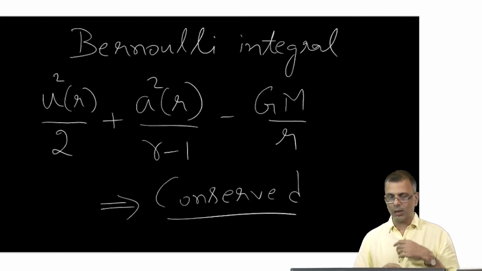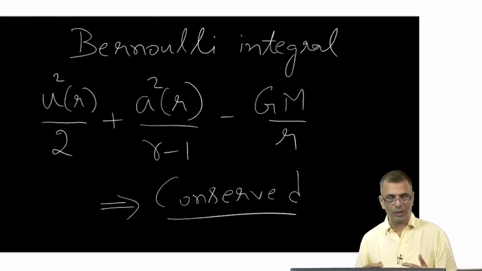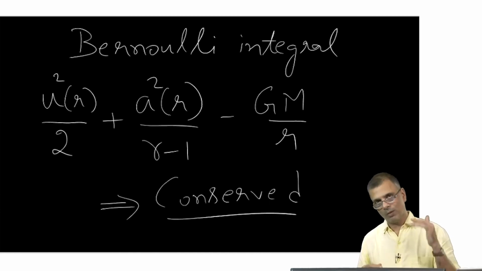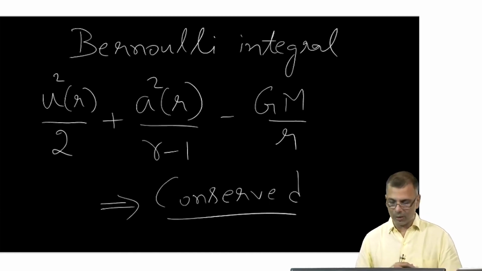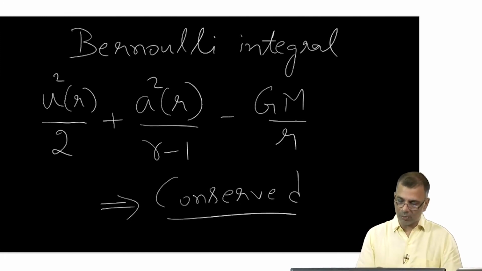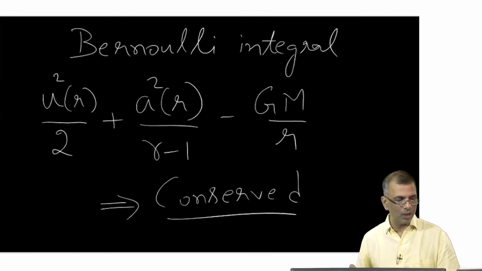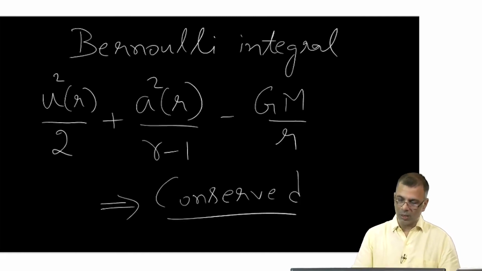Okay. So we will not repeat the discussion. We will assume that you're already familiar with the discussion that has taken place, but we will recast the conserved quantities and everything in terms of this Bernoulli integral. And when we take up this discussion once again, we will use this conserved energy.